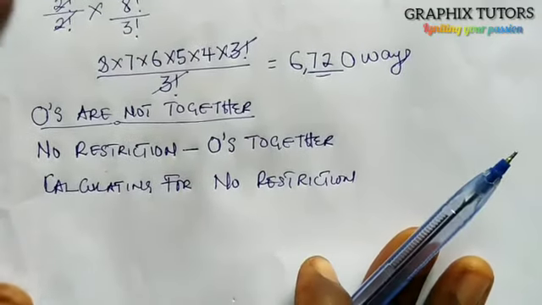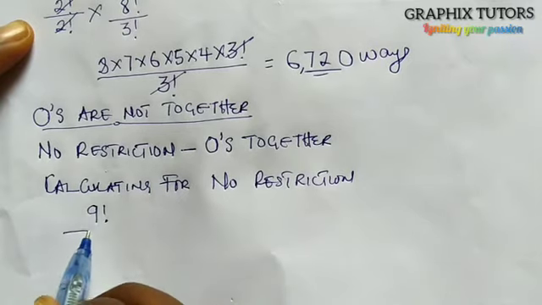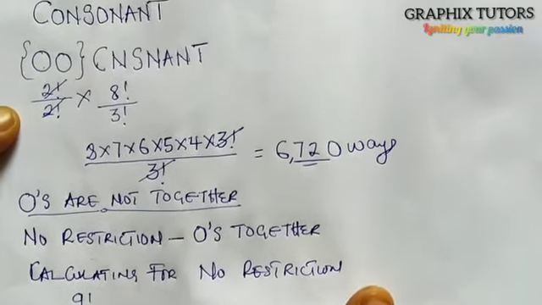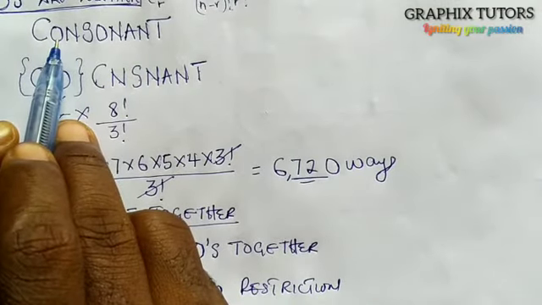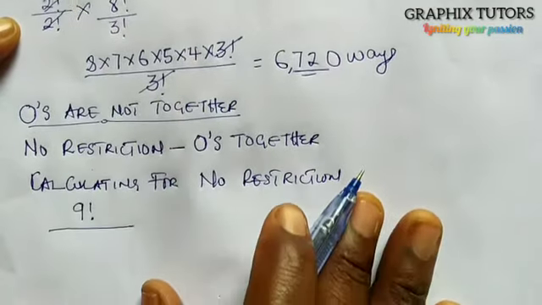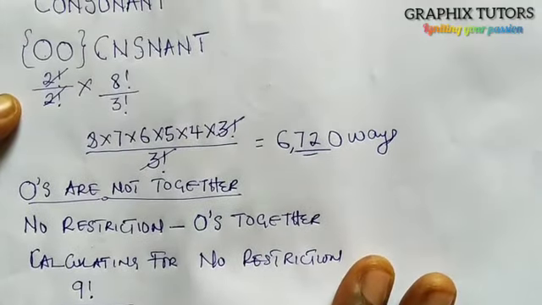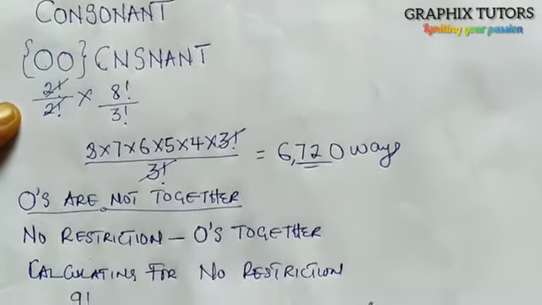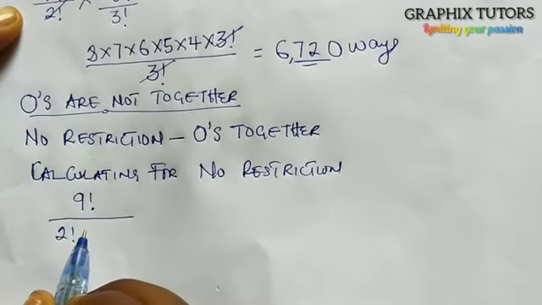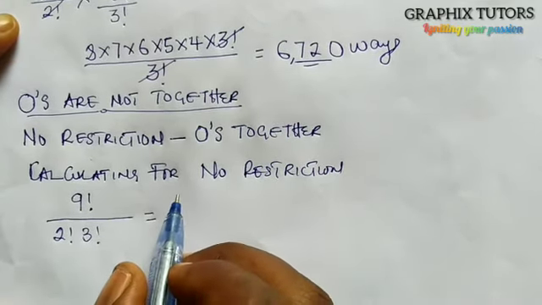That is 9 factorial, all over the repeated values. The O's are twice, 1, 2, so you put 2 factorial. The N is 3. 1, 2, 3. That is 3 factorial. So these are the 2 repeated values.